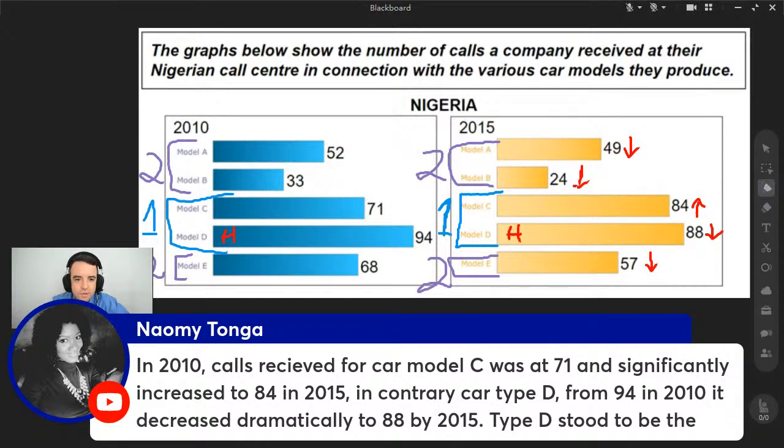So the number of calls received for car model C was at 71 and significantly increased to 84 in 2015. Is that significant? 71 to 84, 13. If you look at the other numbers, I don't think it's that significant. So like, and moderately increased.